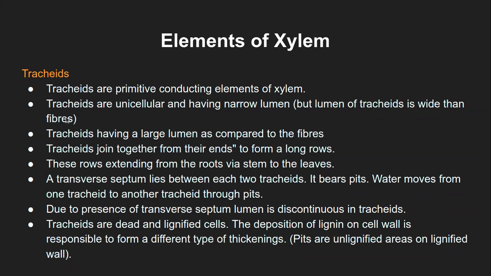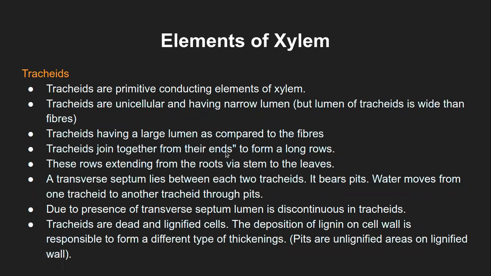So the xylem fibers are also there, which are a little wider than these tracheids. Again, they can have narrow lumen only when they are column-like cells or tube-like cells, right? Tracheids have large lumen as compared to fibers. They join together from their ends to form the long rows.